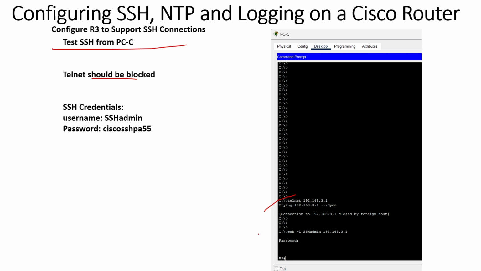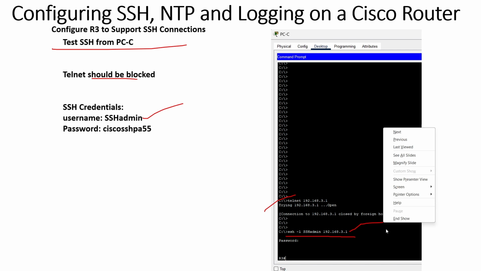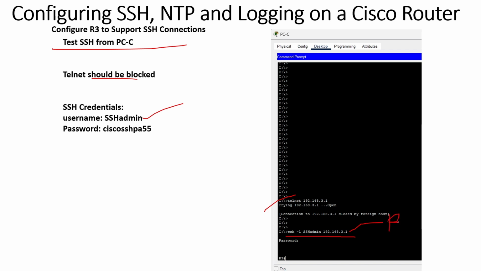To try SSH into R3, we do this command, ssh -l, the username, which is SSHadmin, and then the IP address, which is 192.168.3.1. So this is the IP address of the R3 router.